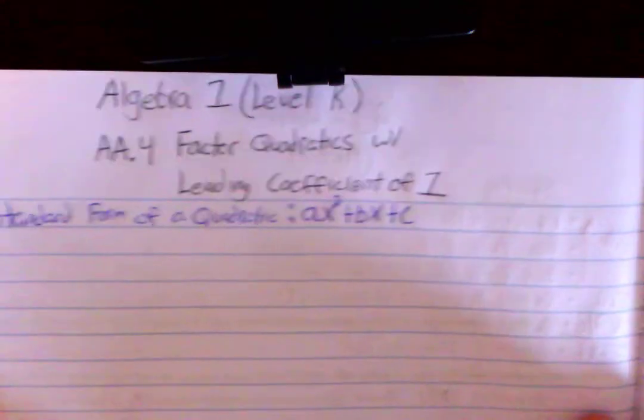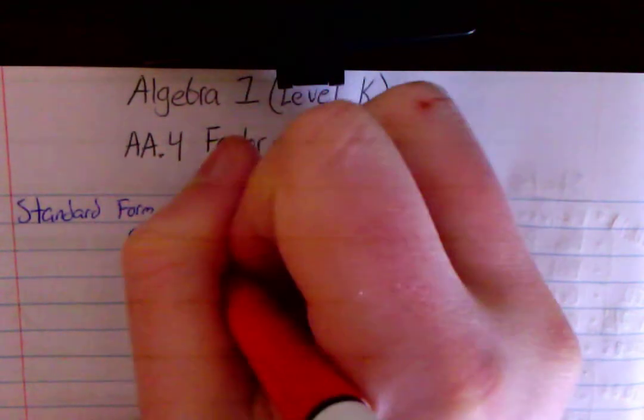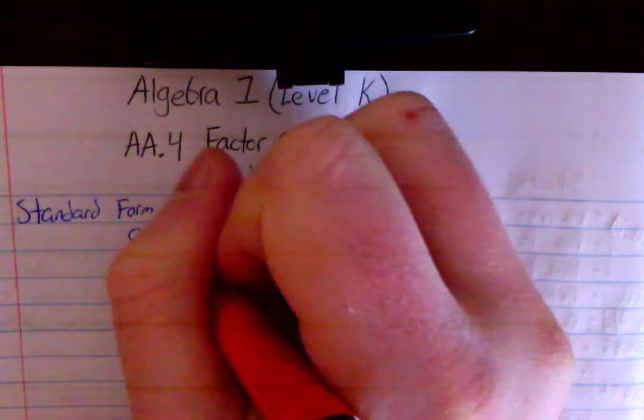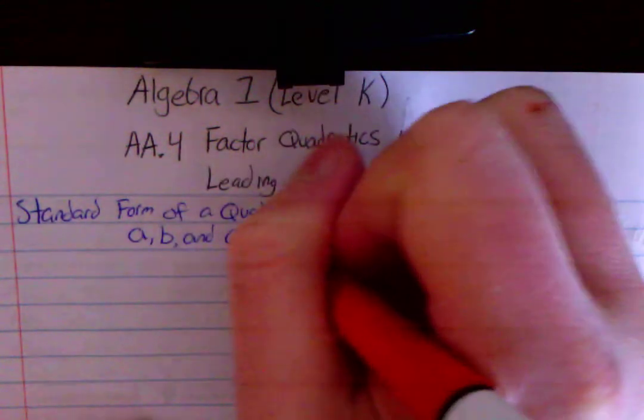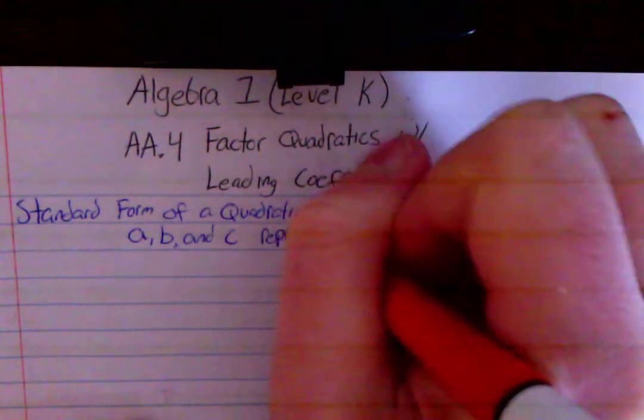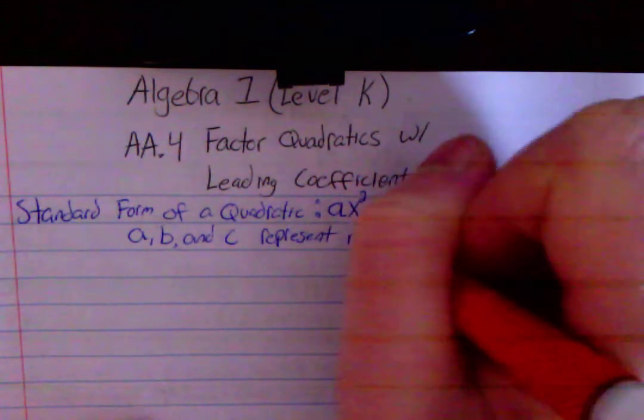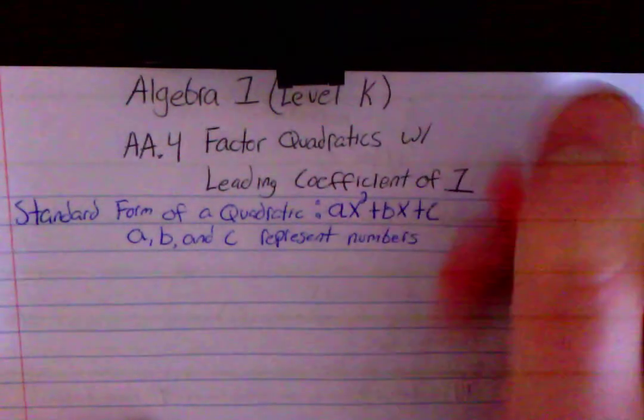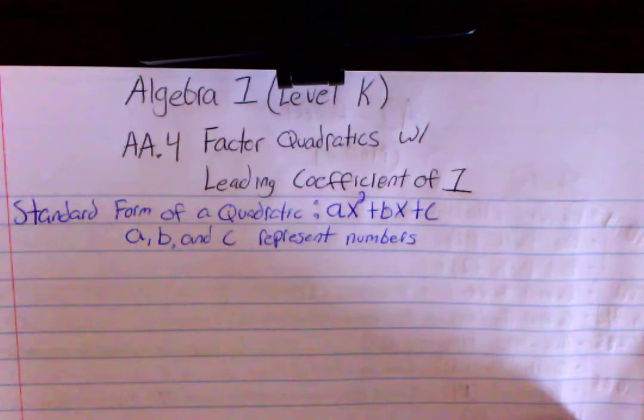Okay, and what you need to know is a, b, and c represent numbers. Okay, a, b, and c represent numbers.